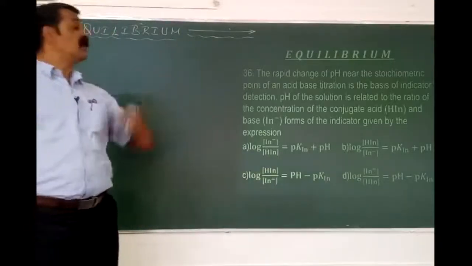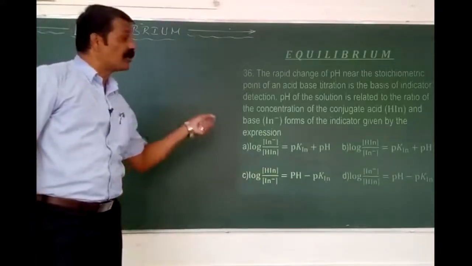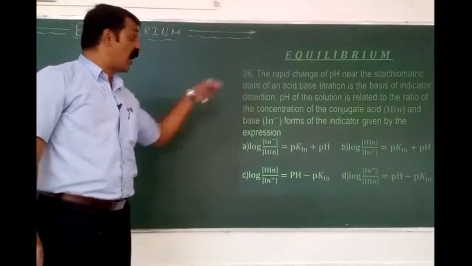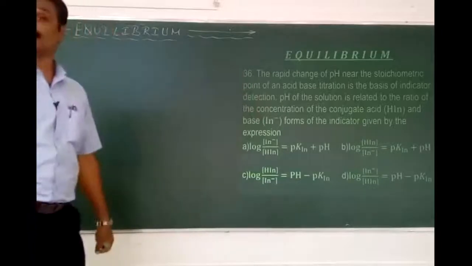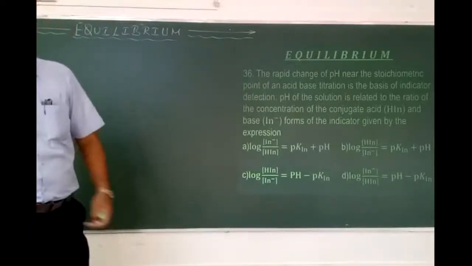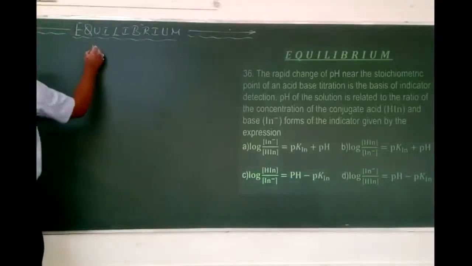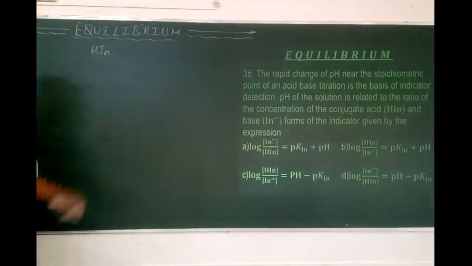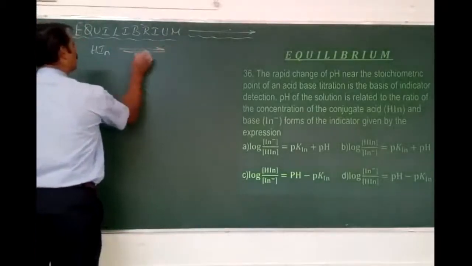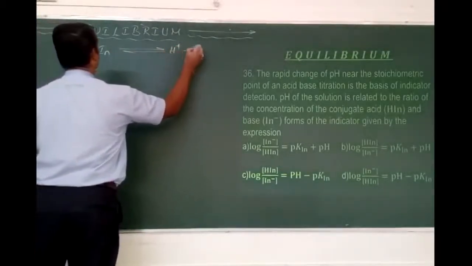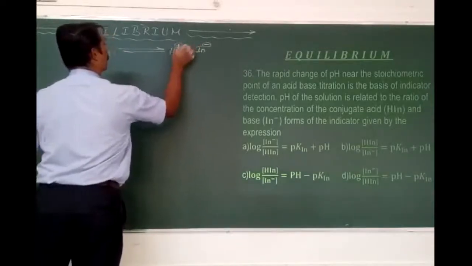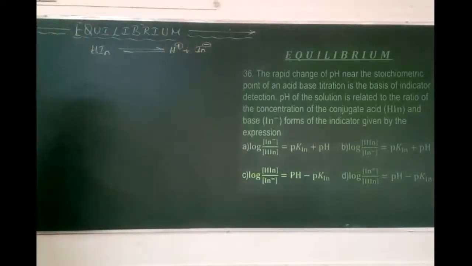The pH of the solution is related to the ratio of the concentration of the conjugate acid, that is called HIn, and its base, that is called In minus, forms the indicator given by the expression. What is that? So here HIn, the acid-base indicator, ionizes partially to form H+ and In minus.